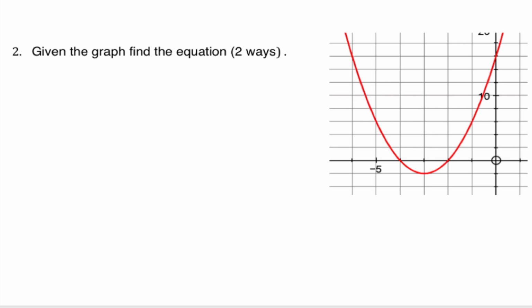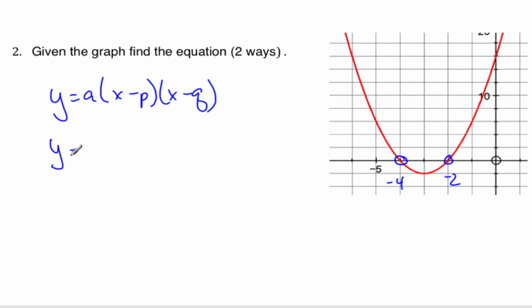A second method. What's your preferred method? I actually quite like using the x-intercepts. So y equals a(x minus p)(x minus q). On this graph you can see that the x-intercepts are at -4 and at -2.